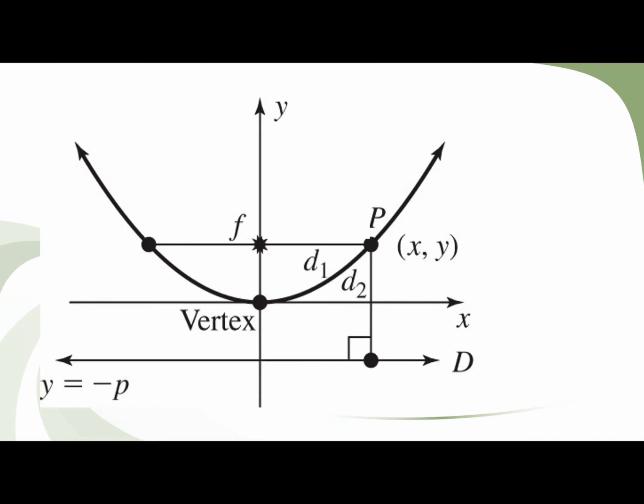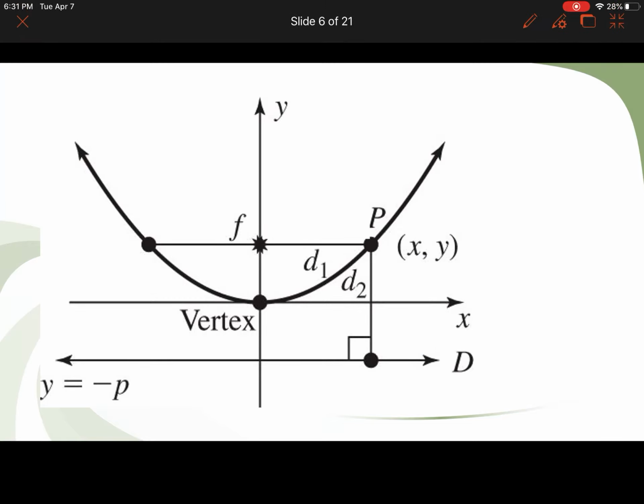We will do those. Okay, so I want to look at a couple other things. Right here at the focus, if we look at a line that's parallel to the directrix and it goes through the focus, that would be this line that goes straight across here.